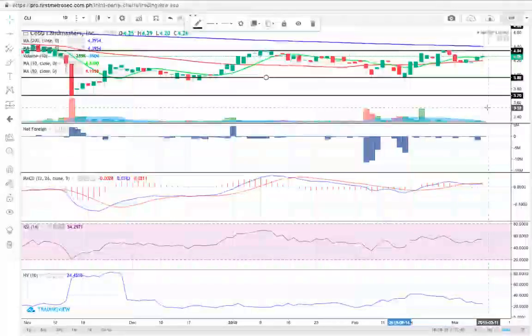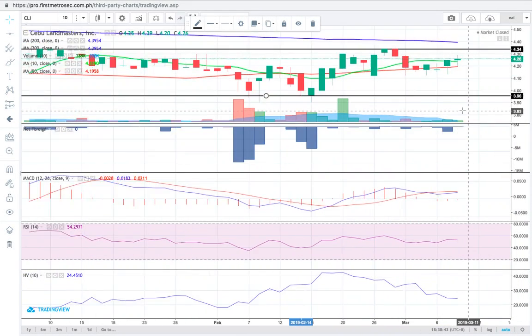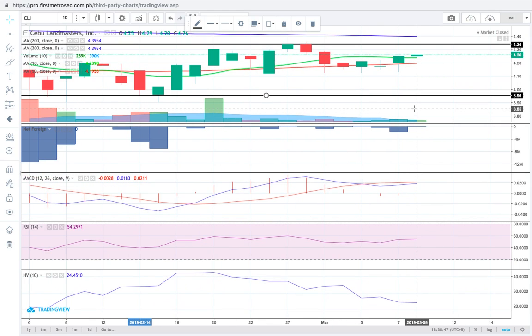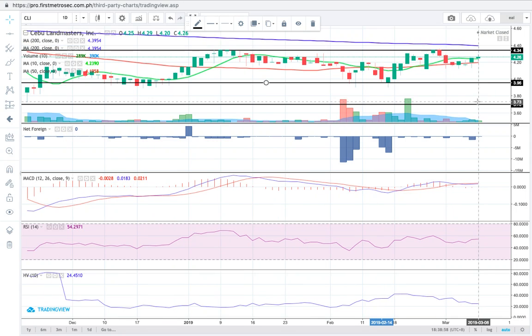Now, today's volume, I gave a comment a while back that it's relatively low for me, even though it's definitely at least 50% above its 10-day volume average. Whenever I see a green candlestick, I prefer to see support coming from the volume, and as much as possible, I want the volume to register above its 10-day volume average.